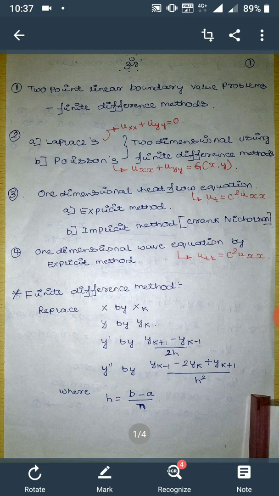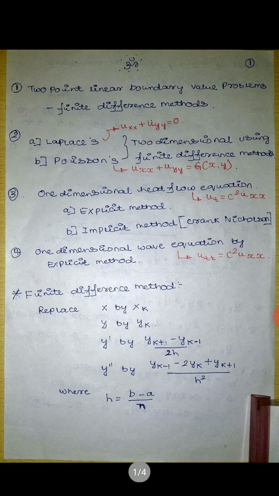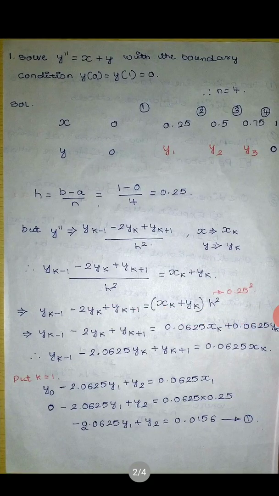And if we have a differential equation y dash, it has to be changed by yk plus 1 minus yk minus 1 divided by 2h, and y double dash by yk minus 1 minus 2yk plus yk plus 1 divided by h square, where h is nothing but the difference value with the number of steps, that is b minus a divided by n. Okay, let's see how exactly this works out in a problem.